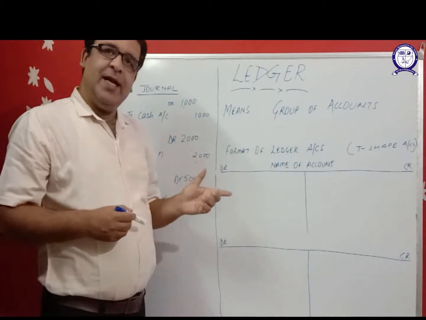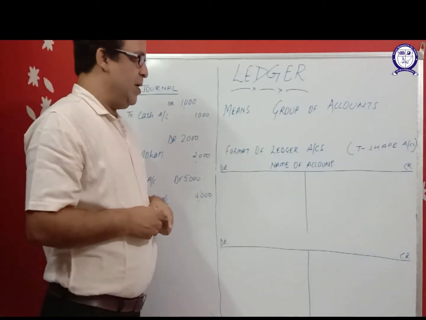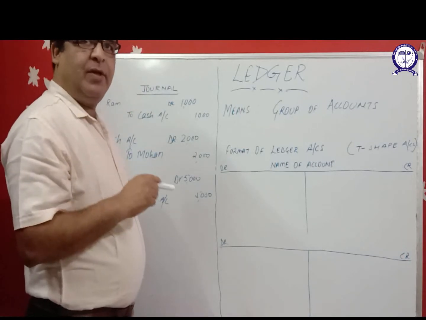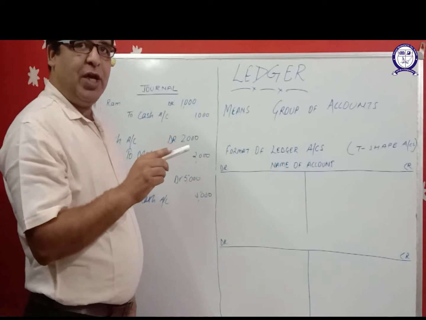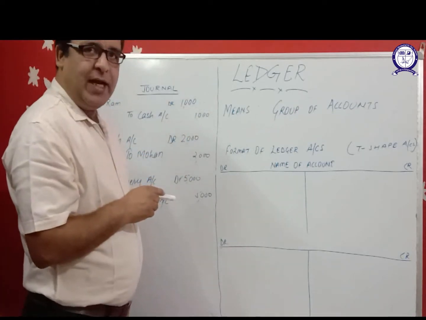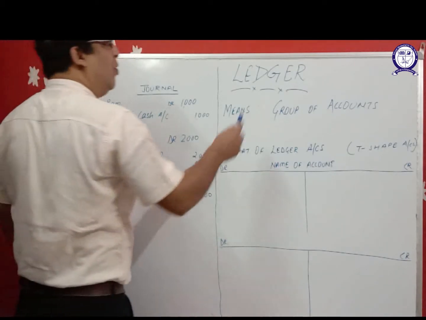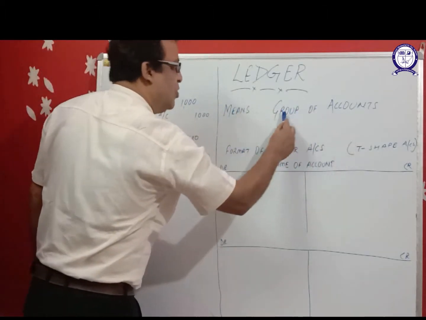Account is classified information of a particular person or particular thing at one place. Now, what is ledger? Group of accounts.